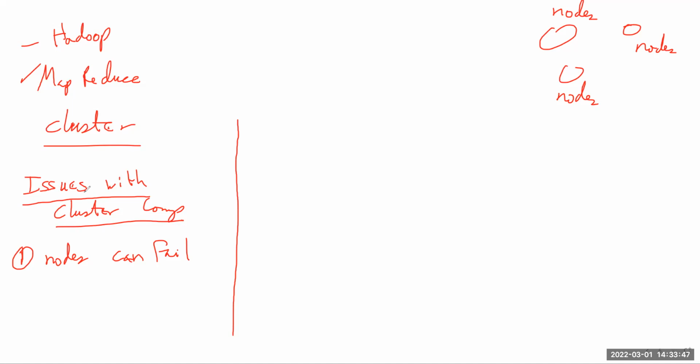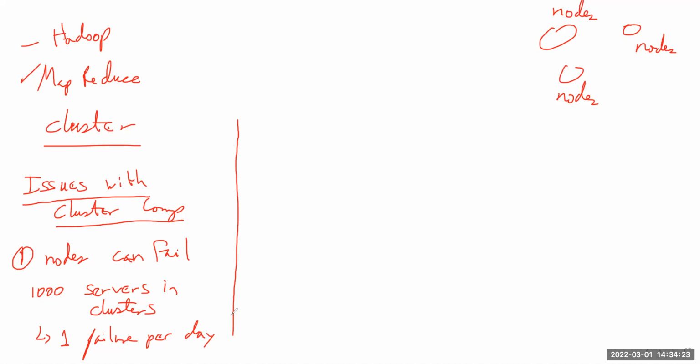There's a nice statistic out there that says that if you have 1,000 servers in a cluster, or in clusters, it doesn't have to be one single cluster, you can expect one failure per day, just when you have 1,000 servers.